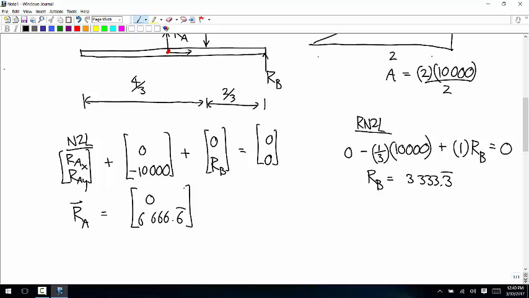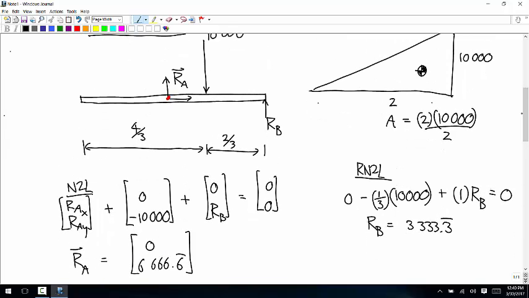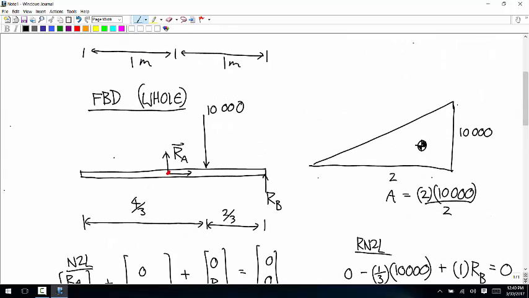Now we have to think about the cuts. Now if you look at this free body diagram here, how many places are there where those subfunctions can change? There are the 2 endpoints.